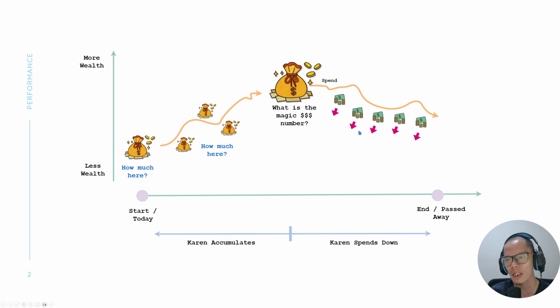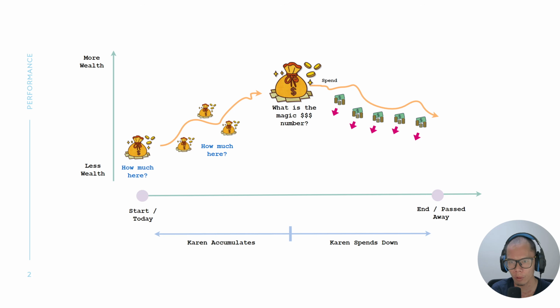But probably less when you're spending, because it's not just about the returns. It's like I say in my video about the safe withdrawal rate. It's also about the income that you spend from the portfolio relative to the value of the portfolio itself.